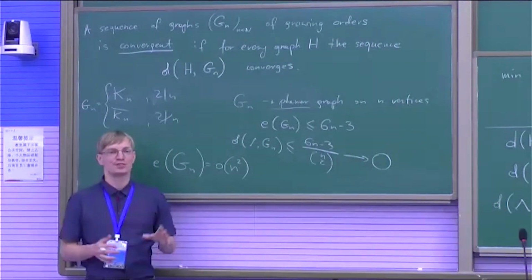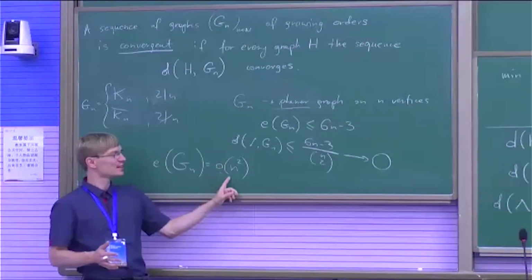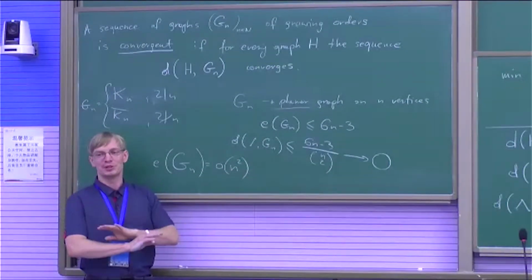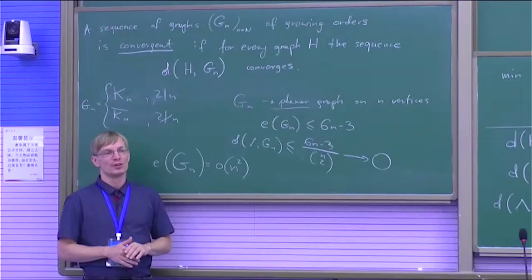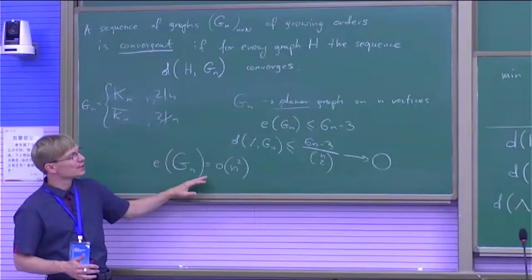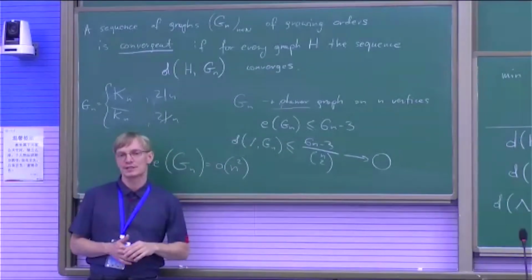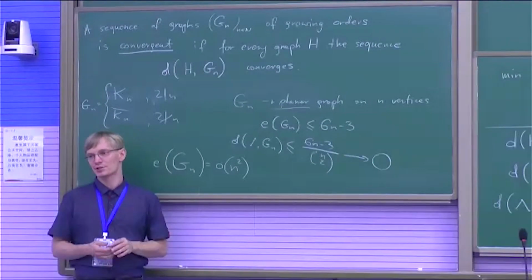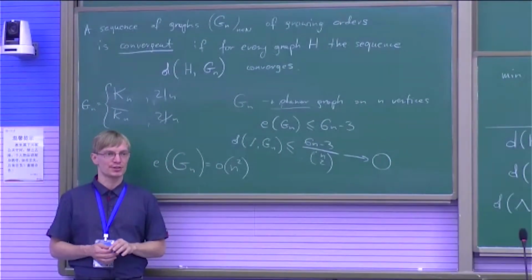Whatever is not dense, whatever has less than a quadratic number of edges, will disappear. It will become 0. So this notion of graph convergence is useful only for dense graphs. There are some notions of convergence for sparse graphs or some mixed setting. I will not cover it during this lecture.